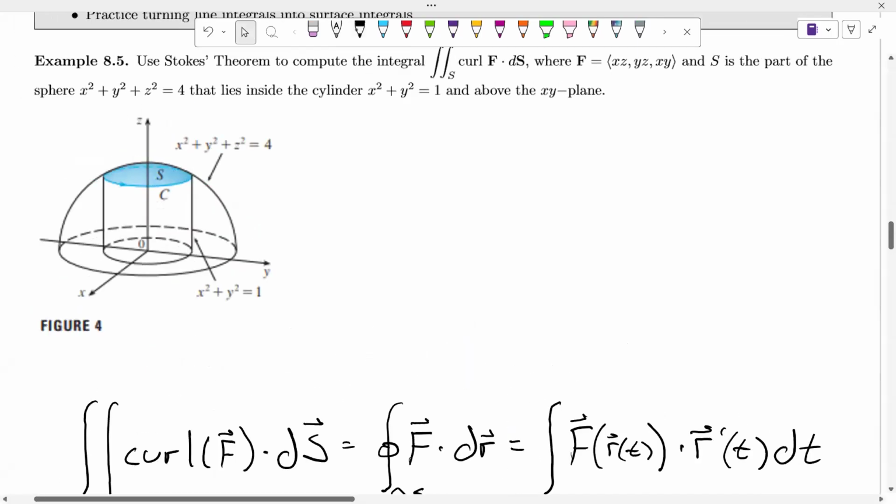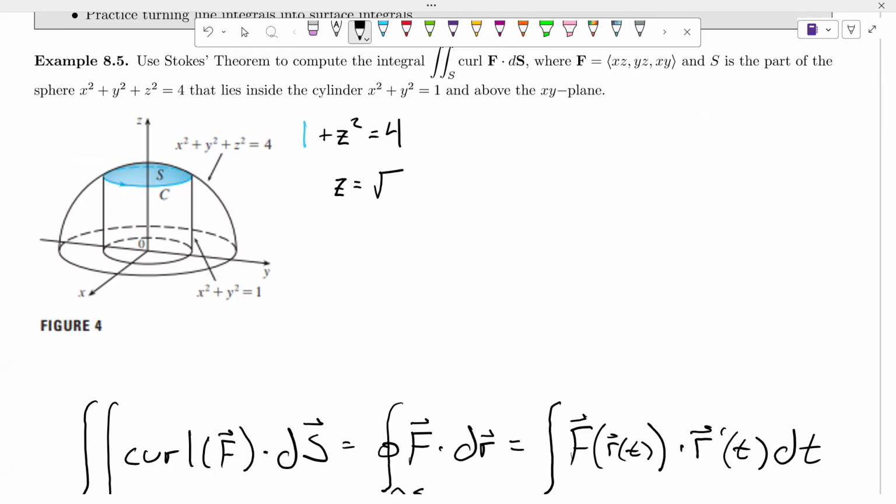That cylinder, x squared plus y squared equals 1, means that if I intersect it with the sphere, x squared plus y squared plus z squared equals 4, I'll just get the equation 1 plus z squared equals 4, since x squared and y squared added together are 1. So I can solve this thing for z. Looks like z squared is equal to 3, which means that z is plus or minus the square root of 3. But we're above the xy plane, so z is going to be the positive square root of 3. So I've got that part together.